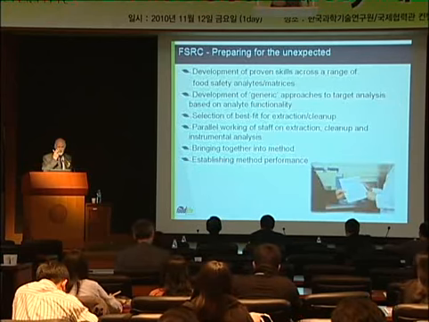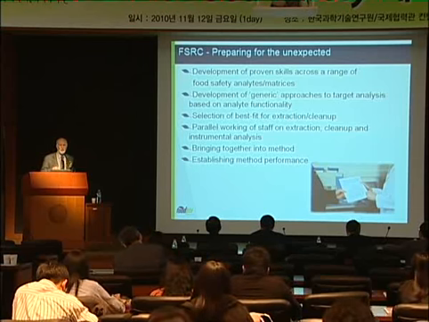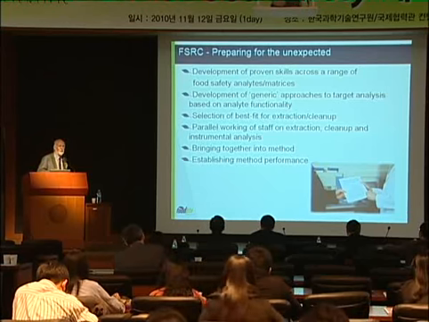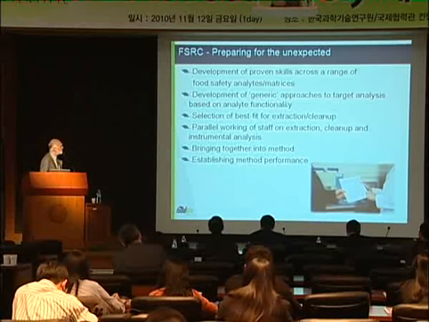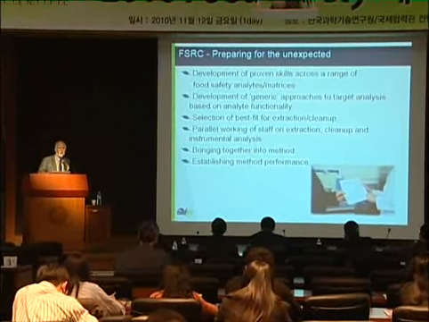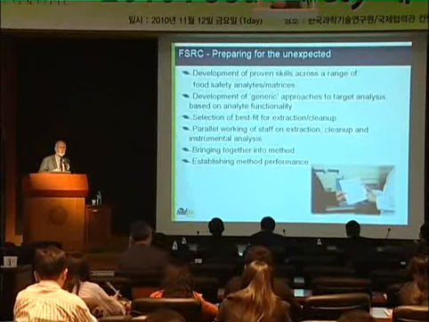The staff presently are demonstrating their competence by looking at a range of different existing food safety areas. And the intention is that they should develop generic approaches to handling target analysis. So the idea is that when there's a scare like melamine, this small group of people will divide up.